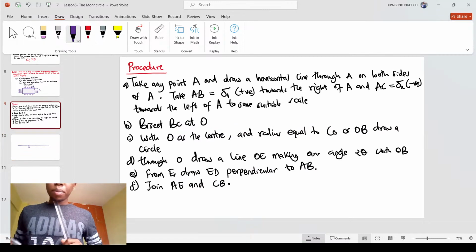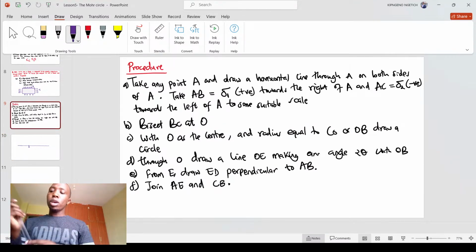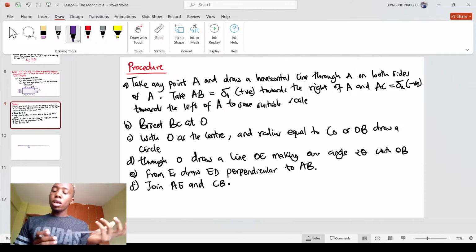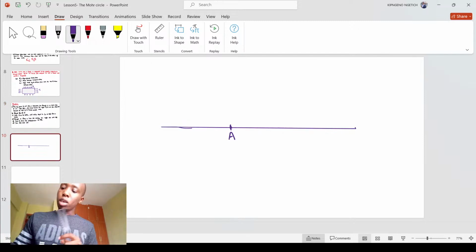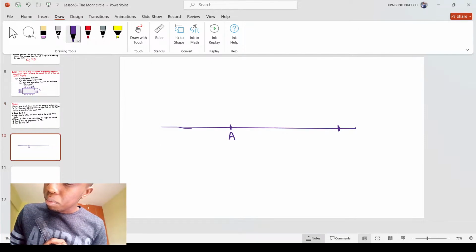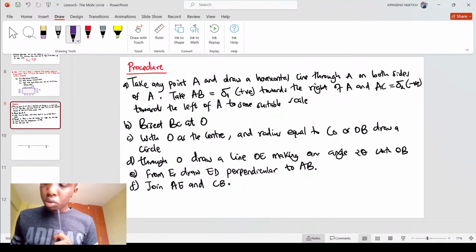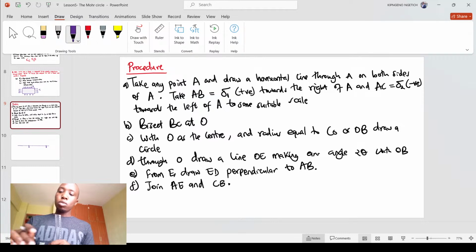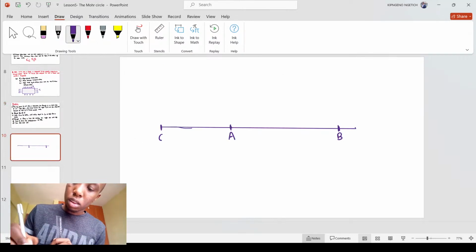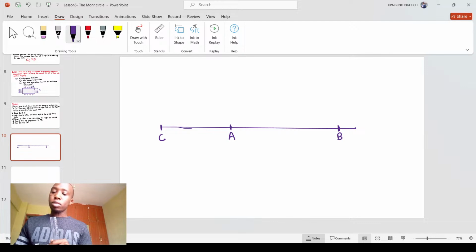Draw a horizontal line through A on both sides of A. Take AB to be positive, towards the right of A, so I take this as my B, and AC to be negative, towards the left of A. Allow me to reduce the size, because the diameter of the circle should be BC, and it would not be logical to have a circle that big.